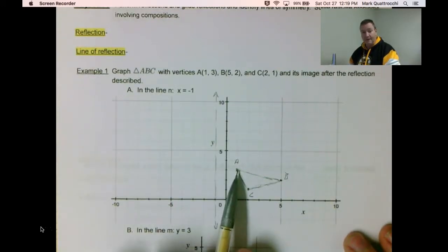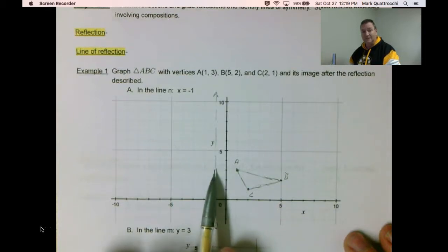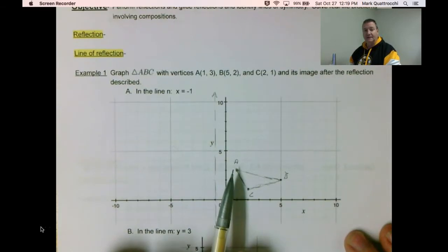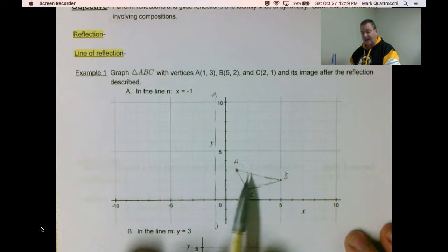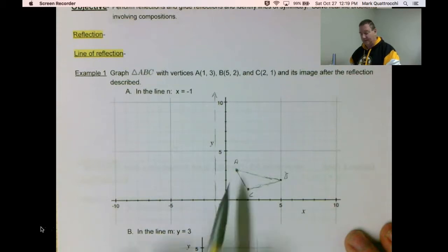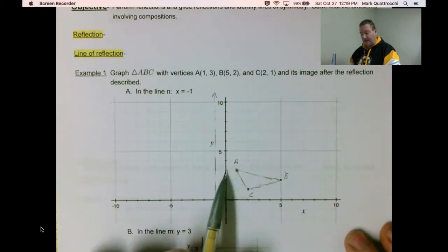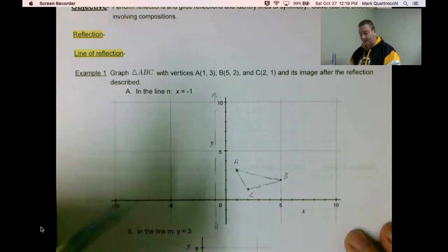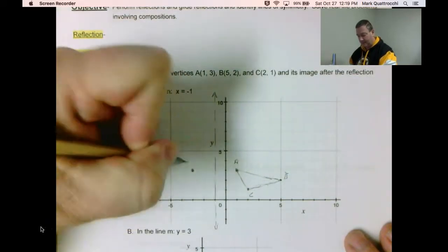A prime is going to be the exact same distance away from the line as A is, and the segment that connects A to A prime will be perpendicular to this line, and it's going to be bisected by the line of reflection. So A is 2 units away, A prime is 2 units away.